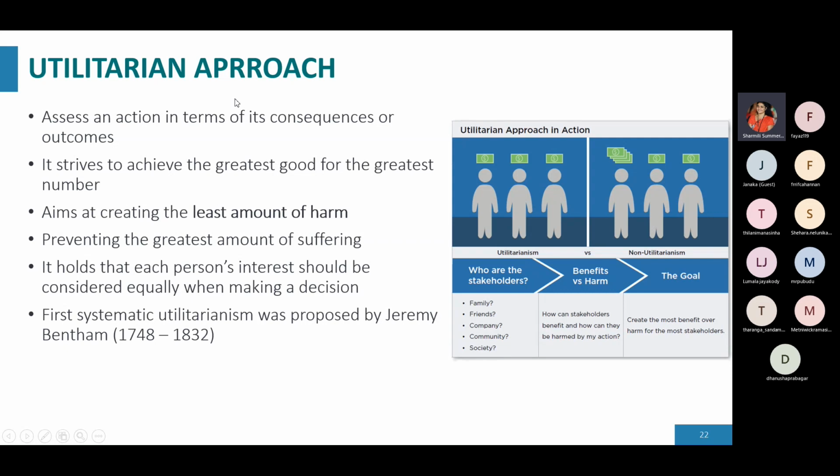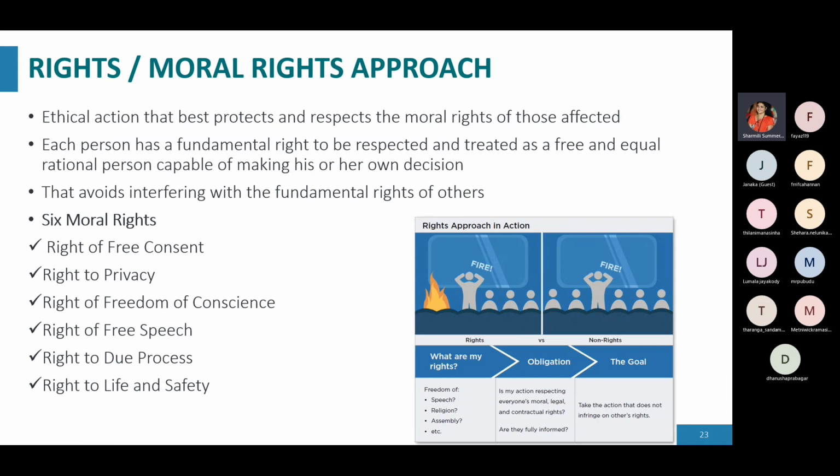Then we'll move to the rights, or the moral rights, approach. What does this approach mean? Ethical action that best protects and respects the moral rights of those affected.